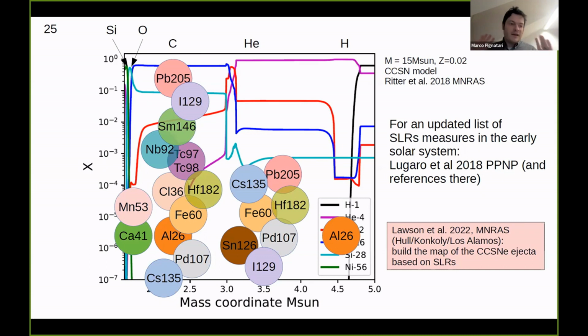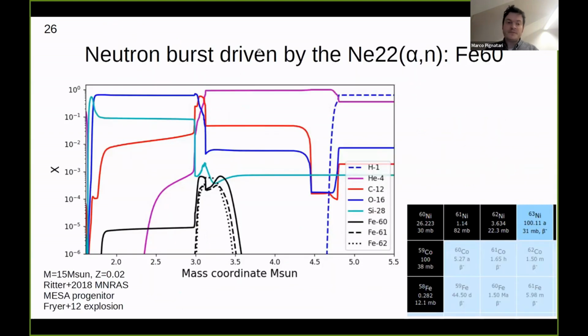There are a lot of things involved in this analysis, but there are a lot of those isotopes that are made in the helium shell and actually made from the neutron burst. And I want to focus a little bit on those now.